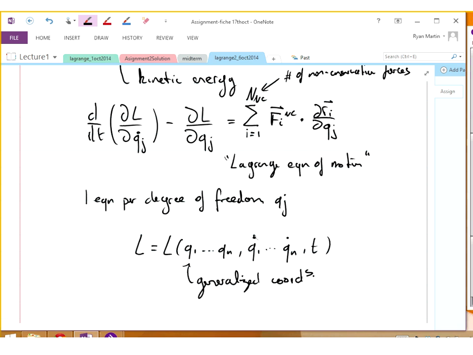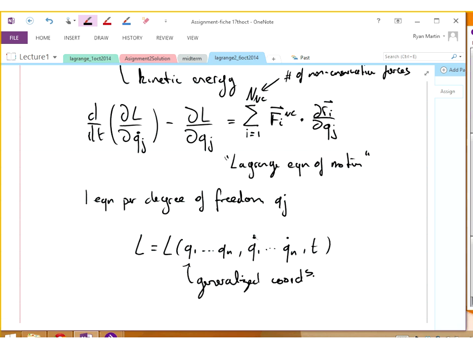And then we did a few examples where we calculated, for a mass going down an inclined plane, T minus V, and then we saw that we recovered Newton's second law for the equation of motion. And then we did another, more complicated example, where we wrote down the Lagrangian for electrodynamics.